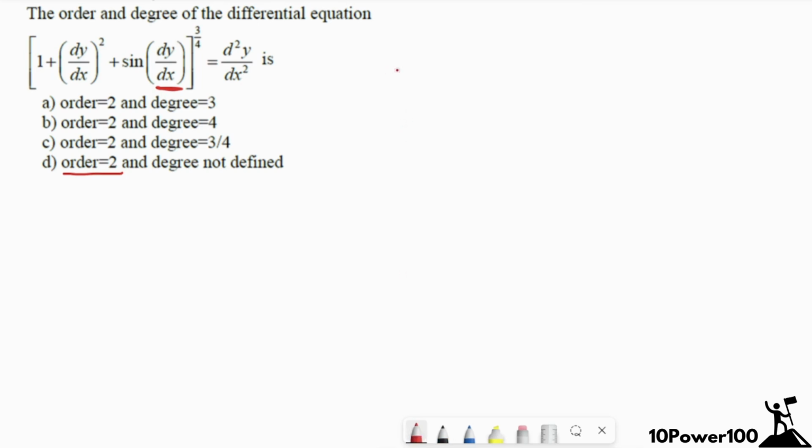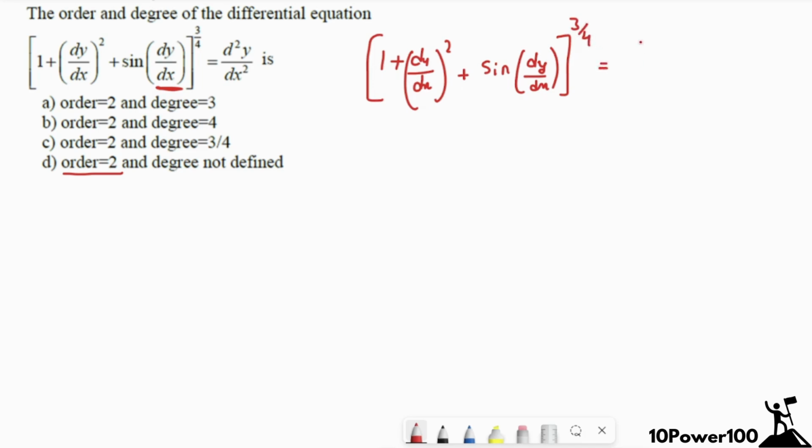So now I'll write this equation: 1 plus dy by dx the whole square plus sine of dy by dx the whole power 3 by 4 is equal to d square y by dx square.